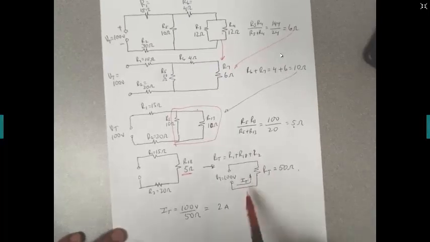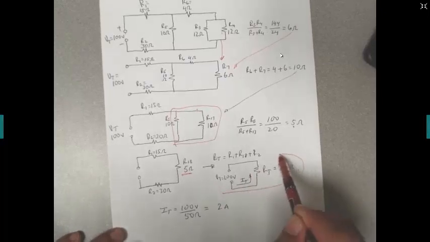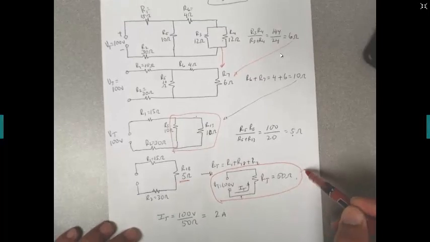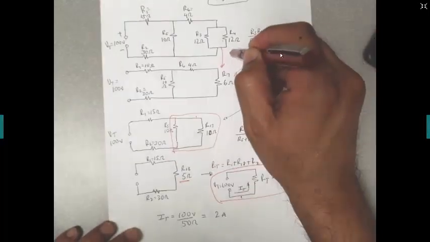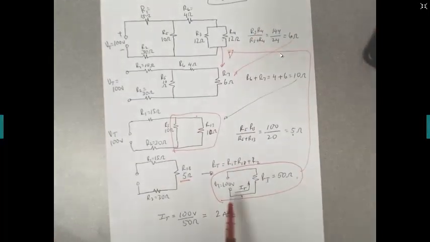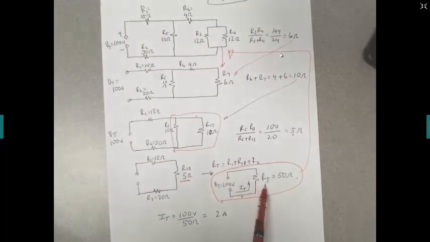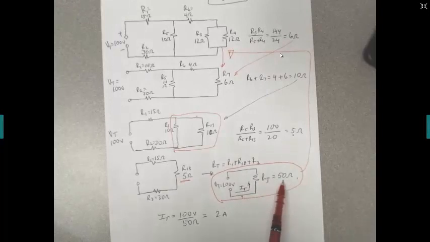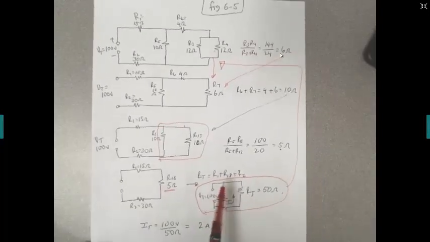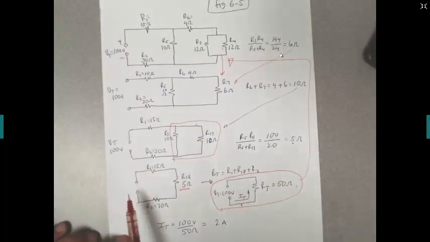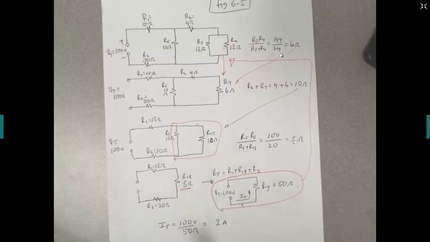All right. So this simple circuit is the same as this big circuit. It's equivalent. All this is equivalent to a total resistance of 50 ohms. The voltage doesn't change because I didn't mess with the voltage at all. I just kept it in the same position, so it's always going to be 100 volts.